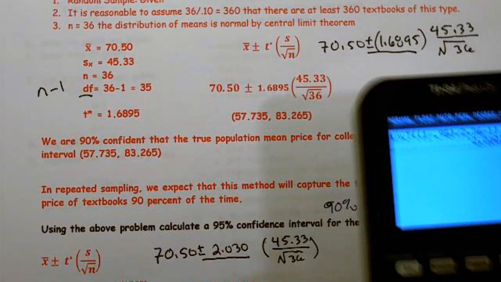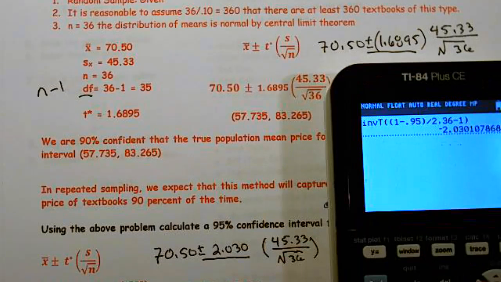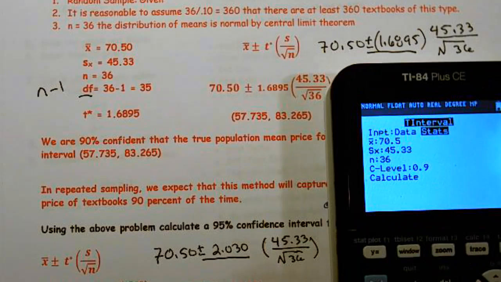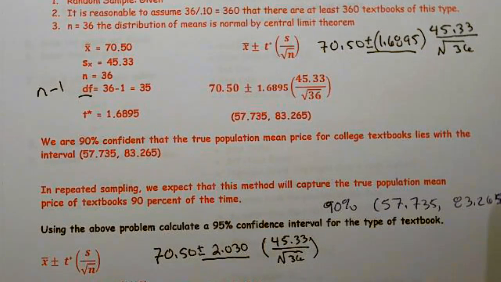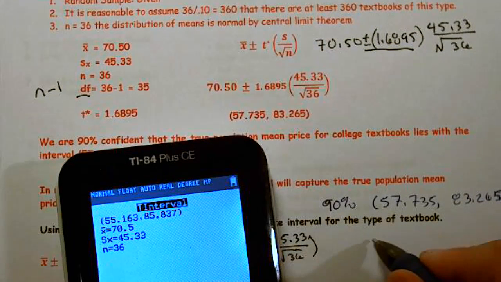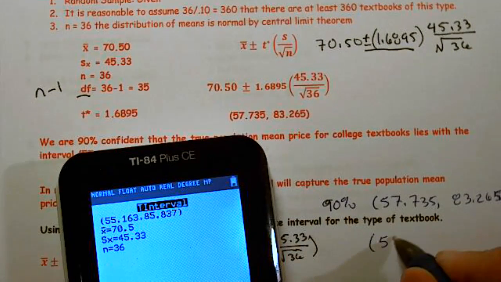And then I want to go ahead and run this. So stat, test, number 8 is T interval. And I'm just going to change my confidence level to 0.95, and I end up getting this interval right here, which is 55.163.